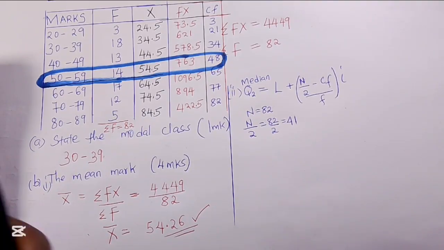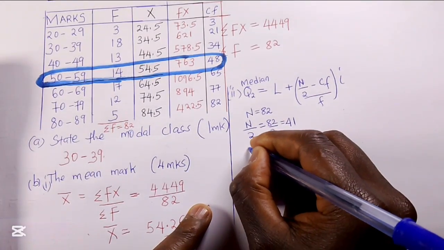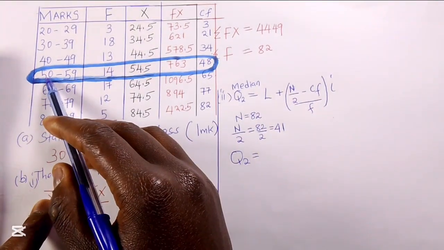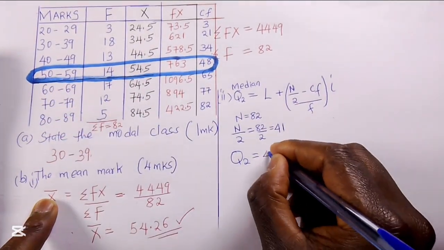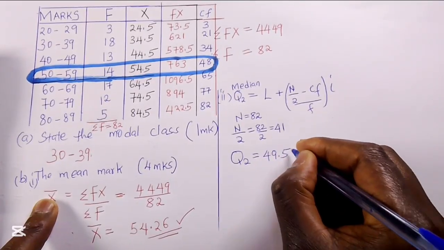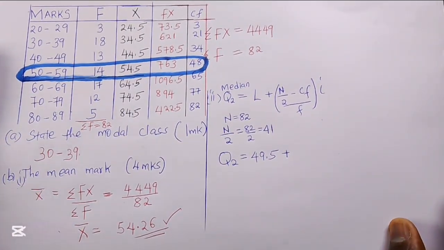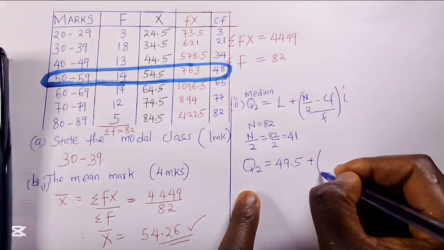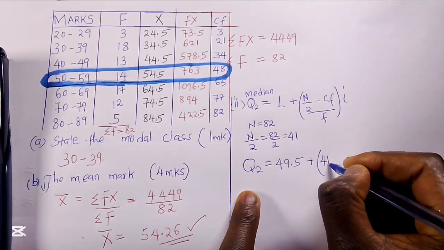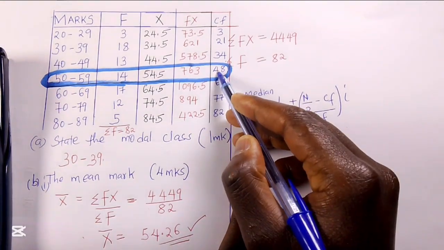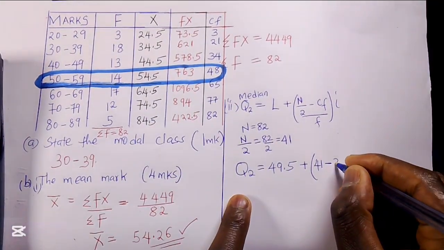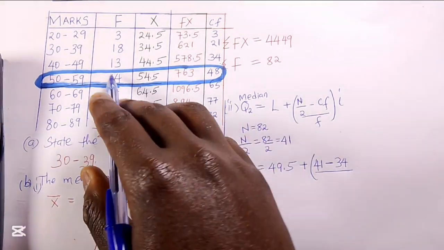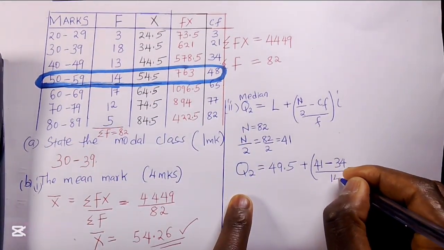So from our formula, we've said that Q2, which means the median, is equal to the lower class boundary of 50, which is 49.5, plus n over 2, which is equal to 41, minus the cumulative frequency above, which is 34, over the frequency of the median class, which is 14.